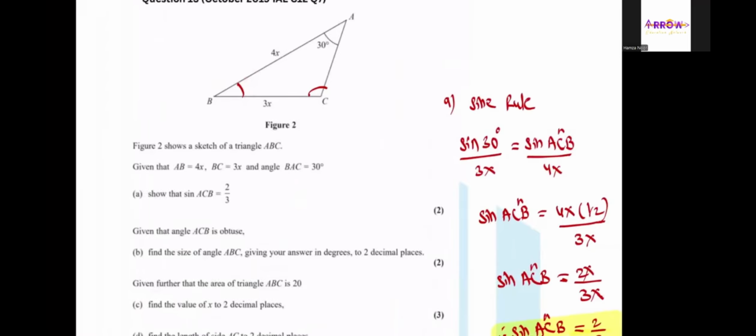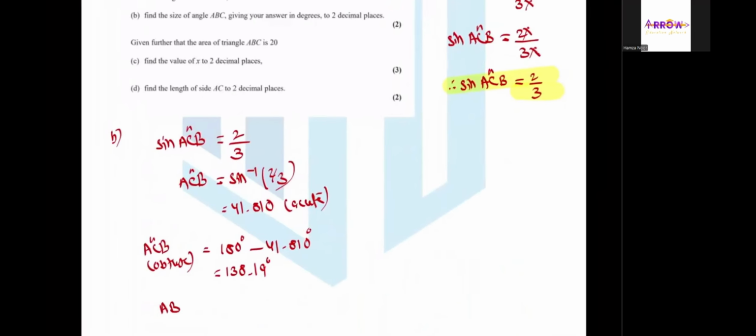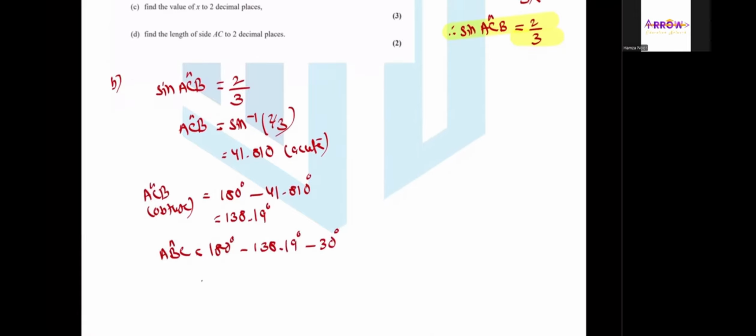Since the sum of all angles in a triangle is equal to 180 degrees, therefore angle ABC is supposed to be 180 minus 138.19 minus 30 degrees. This is 11.81 degrees. Angle ABC is 11.81 degrees.